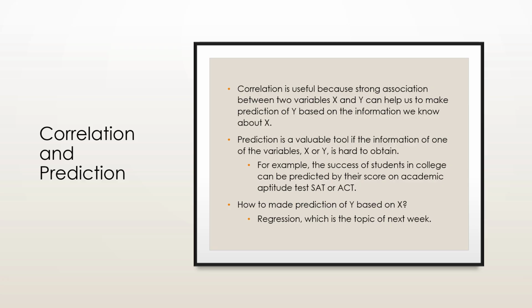This is especially valuable when information about one of the variables is difficult to obtain. For example, students' success in college can be predicted by their scores on academic aptitude tests such as the SAT or ACT. In order to make such predictions based on correlation, we need to take it a step further into regression analysis, which will be the topic of the next lesson.